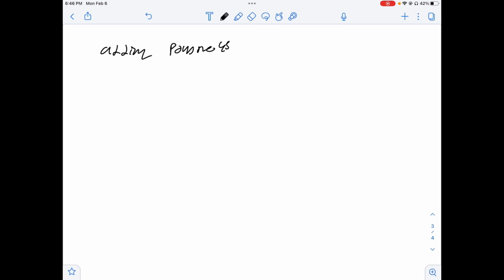So for an example, if I had negative 3x^2 plus 4x minus 1 plus 3x^2 plus 2x plus 4, these would be in parentheses and these would be in parentheses. You can remove those and combine like terms.